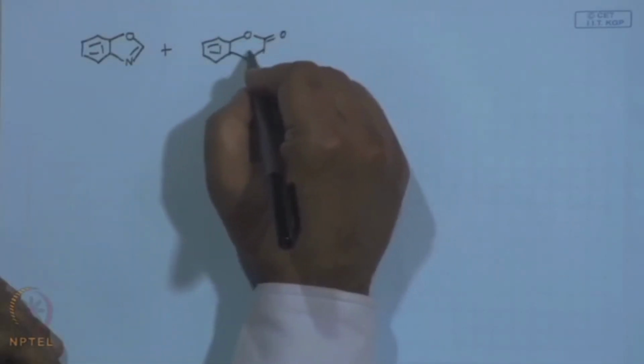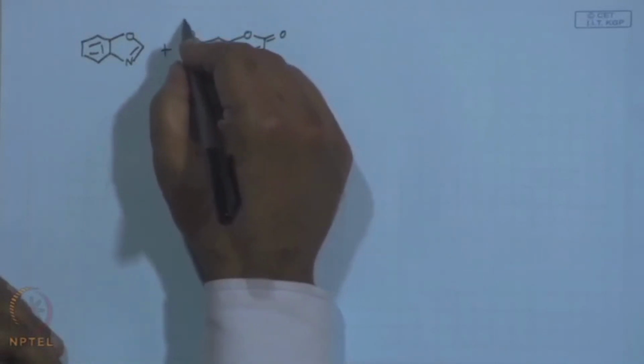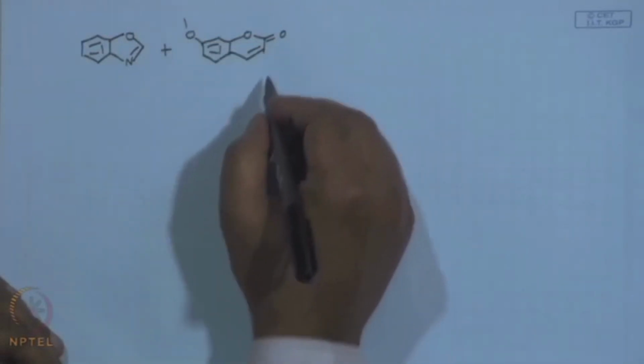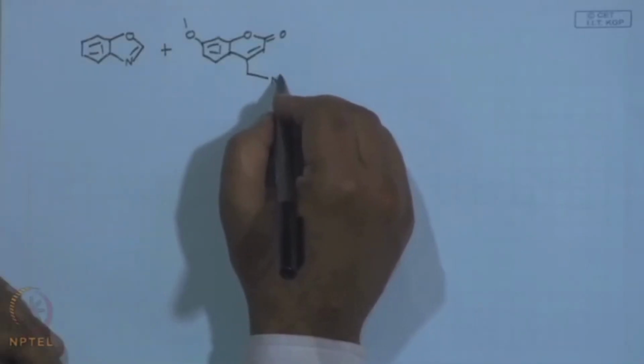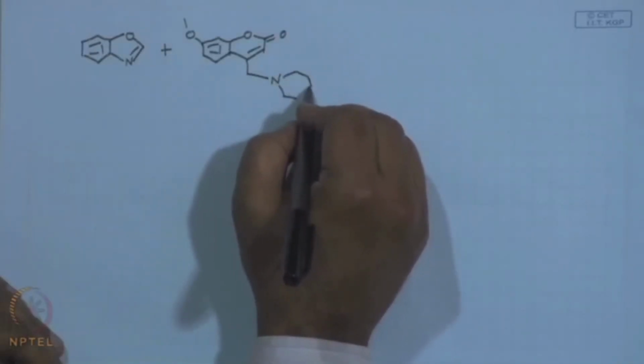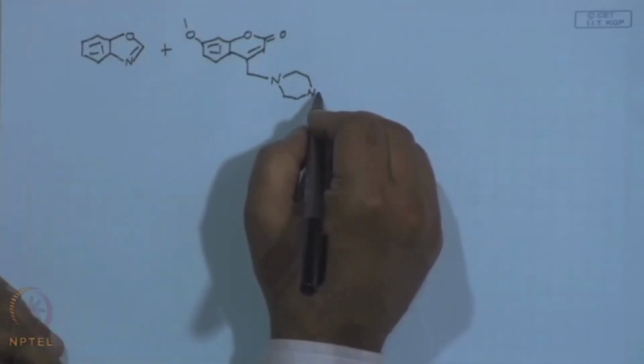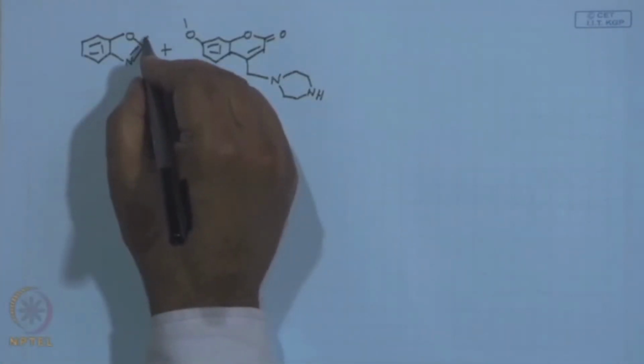You see here you have a methoxy, and the other portion has a piperazine ring system with nitrogen. Fine. So now you have to join these two positions selectively.